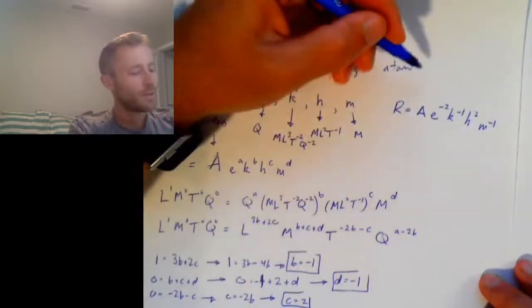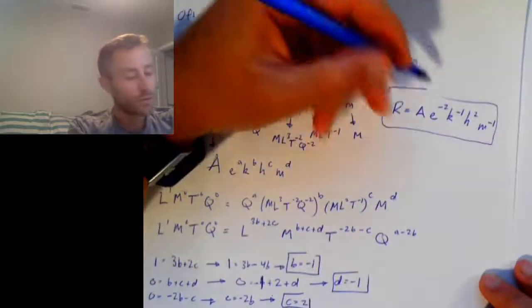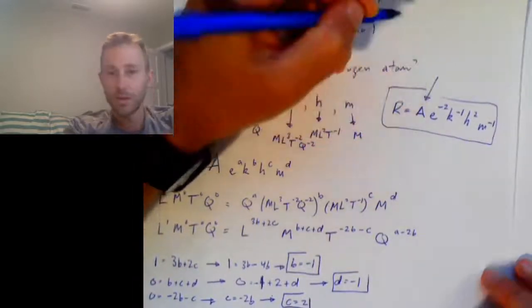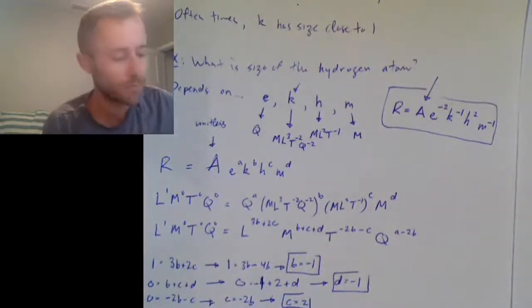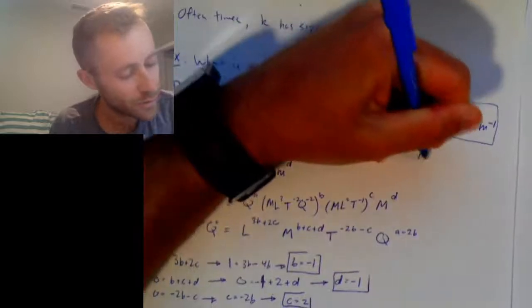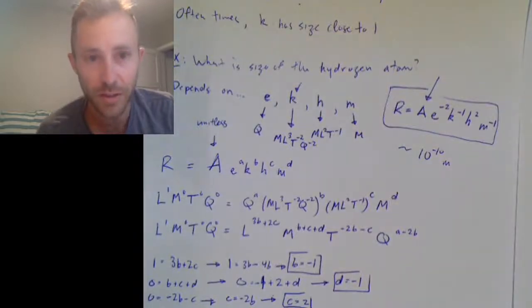And we could use this, if we assume that A is approximately 1, to literally guess the size of the hydrogen atom. If you do this, you'll find that it is about 10 to the minus 10 meters in size. And that is the actual size of the hydrogen atom.